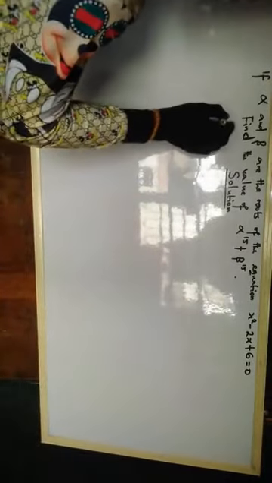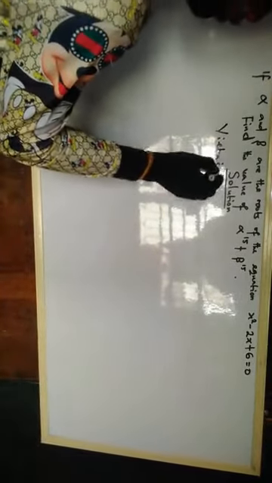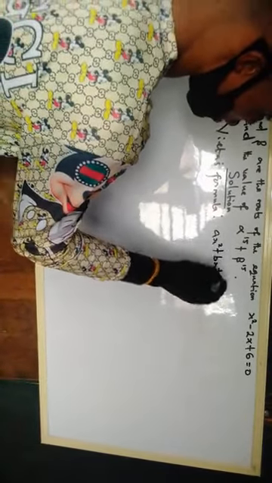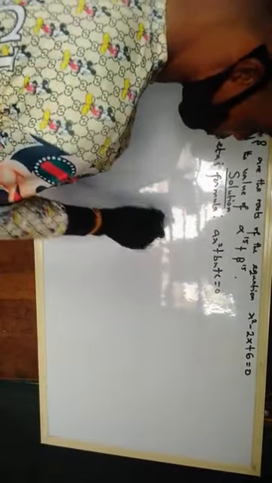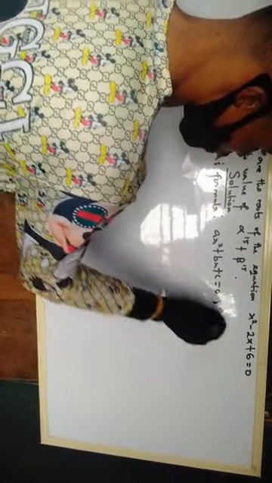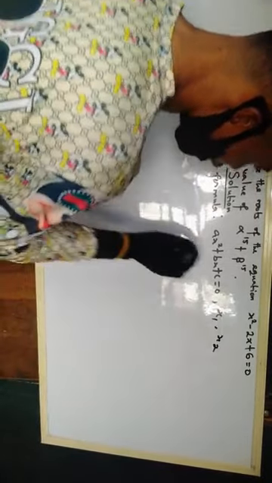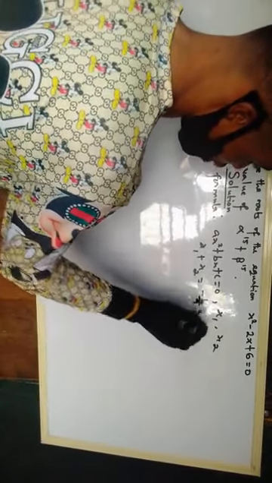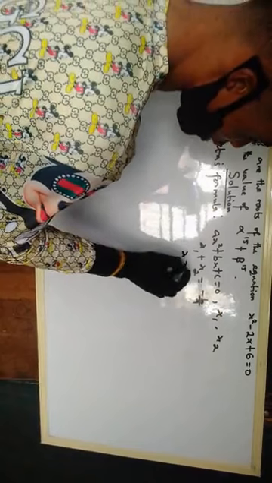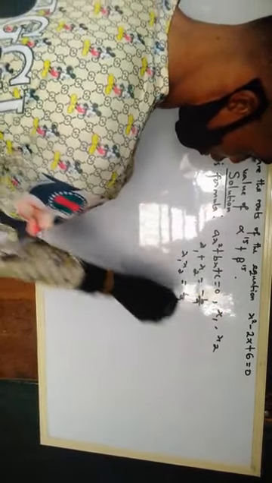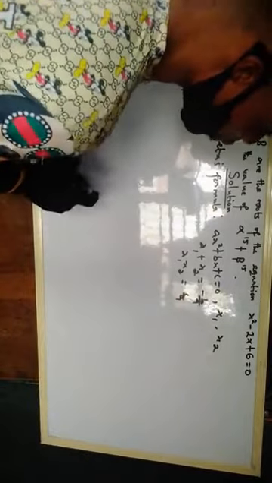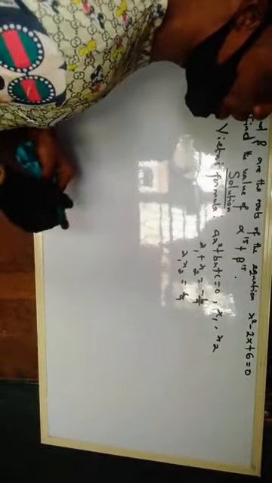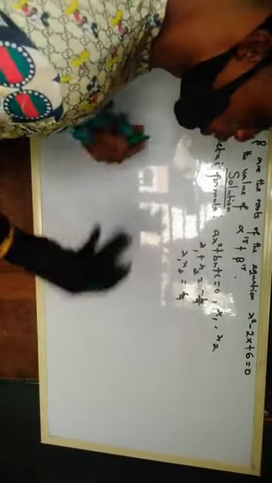Now, from Vieta's formula, for the general form of any quadratic equation with roots x1 and x2, x1 plus x2 is the same as minus b over a, and x1 times x2 is c all over a. With the help of this, without knowing the roots of this equation, we're going to determine their sum and also their product.